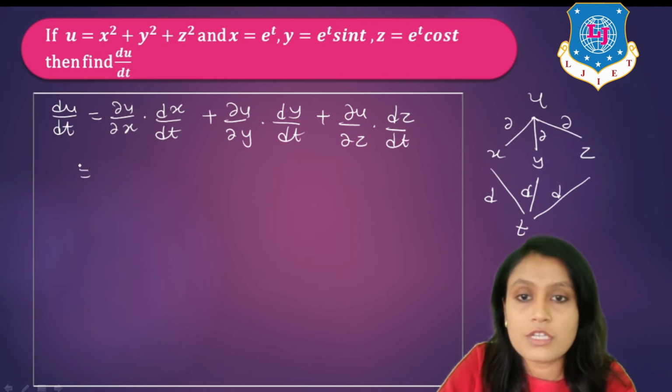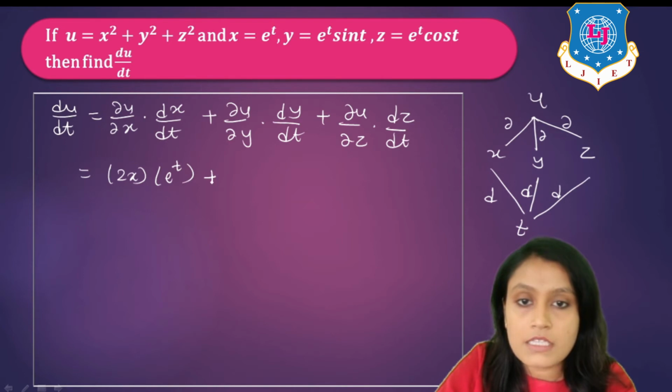Okay, now we have to just differentiate it. So derivative of u with respect to x is 2x. Okay, and y and z are constant, so its derivative is 0. Now derivative of x with respect to t, so it will be e raised to t.